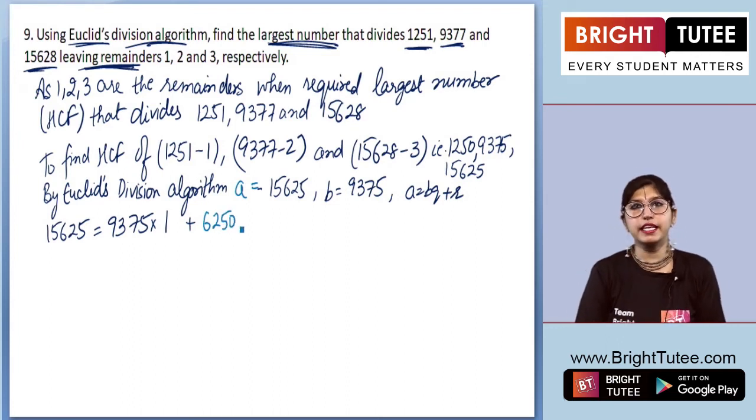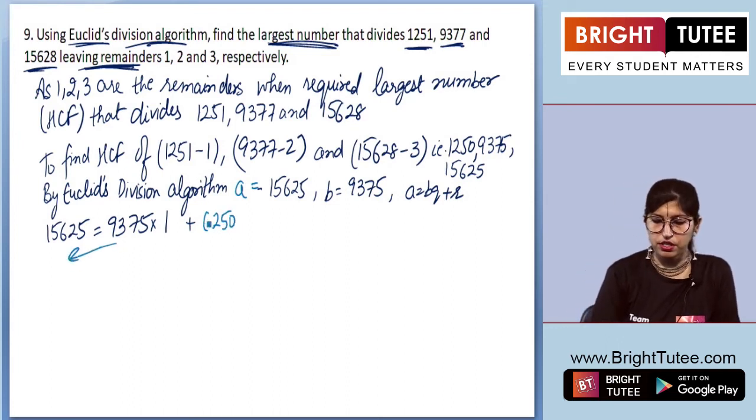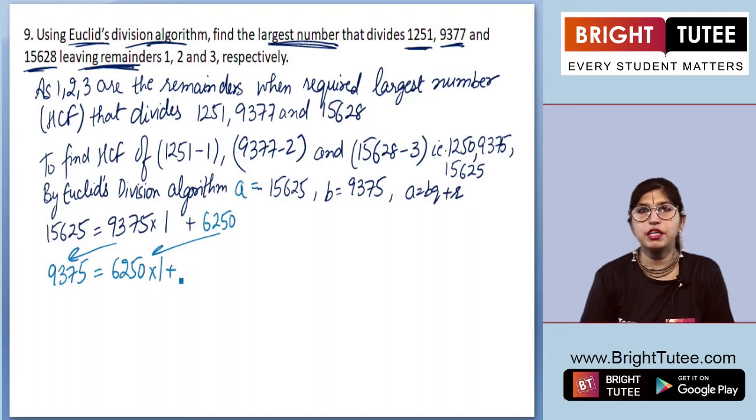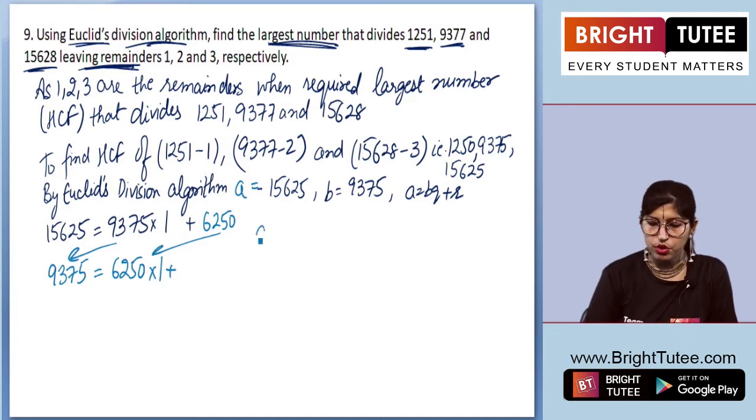Now what will be the next step? We shift the numbers, so now 9375 equals 6250 times 1 plus the remainder.